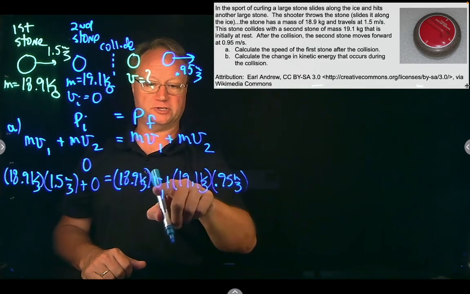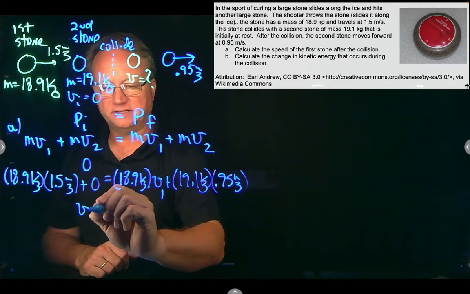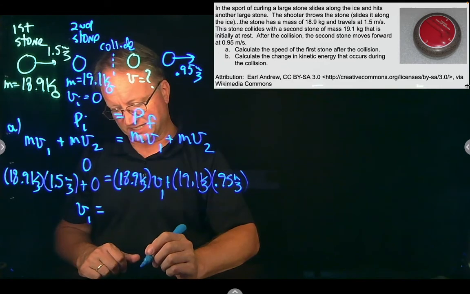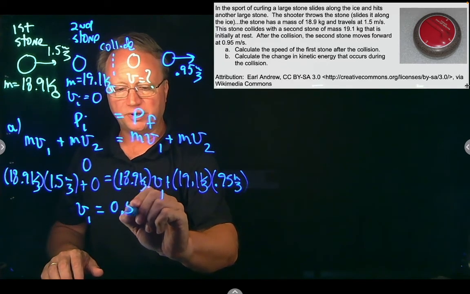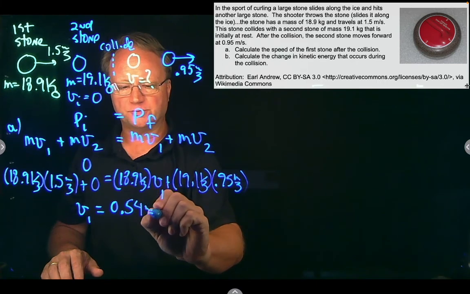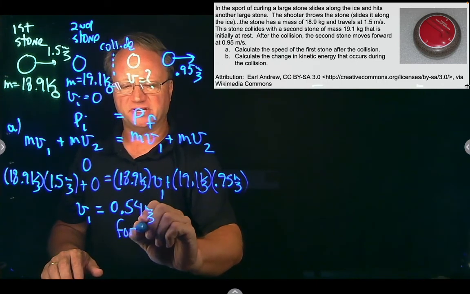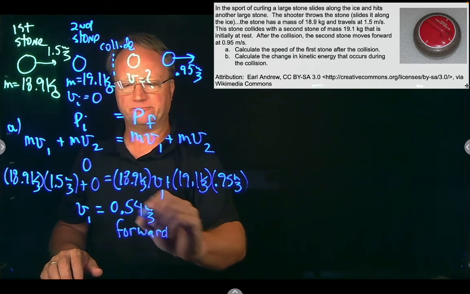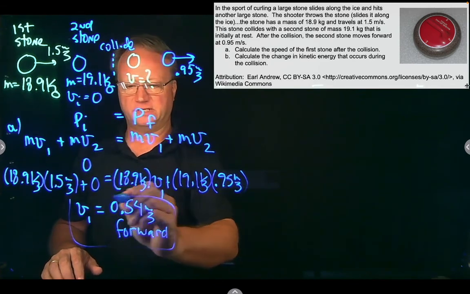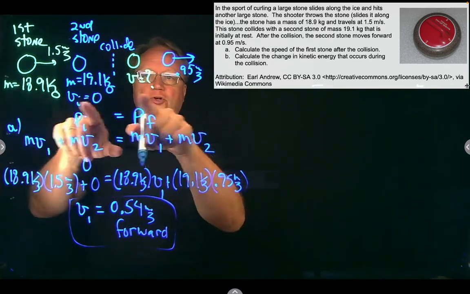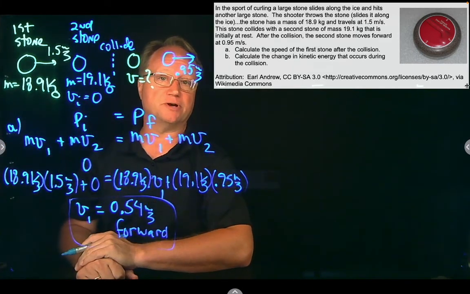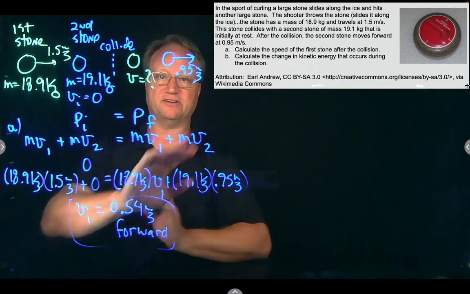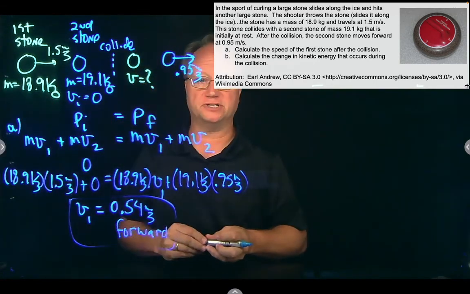Do your algebra, solve for v1. We get that velocity just after the collision to be positive 0.54 meters per second. And the positive means forward. Now, if we had had multiple objects moving in opposite directions, we would have had to represent one of those velocities as negative. But for this one, everything is moving in one direction.